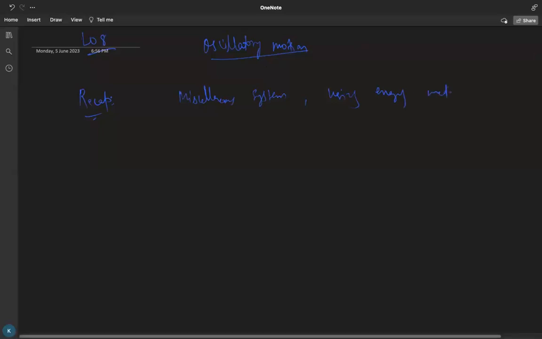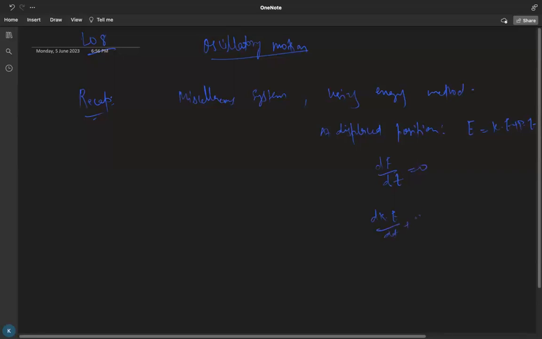We write the total energy at the displaced position, kinetic energy plus potential energy, differentiate it with respect to time and equate it to 0. That means dKE/dt plus dU/dt is equal to 0.